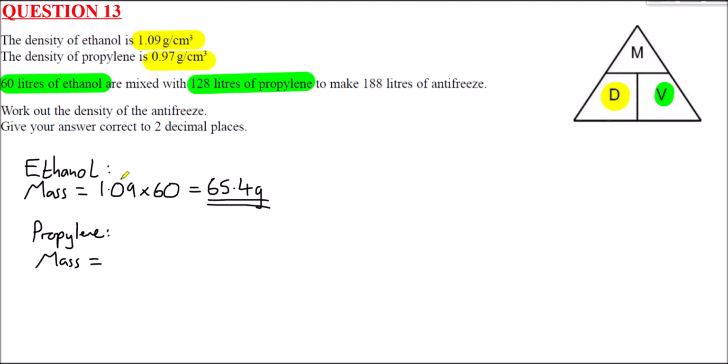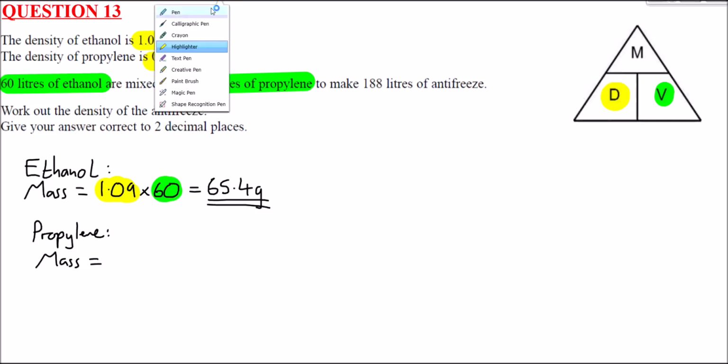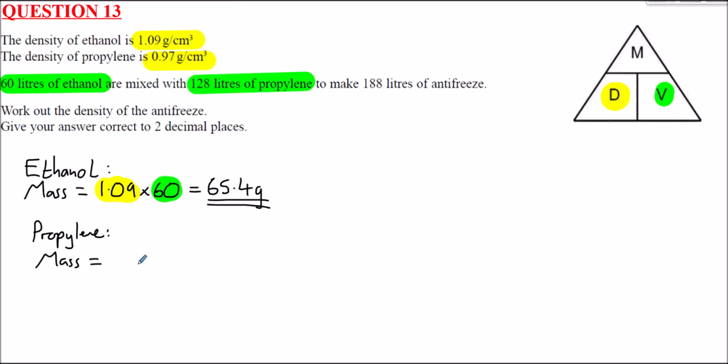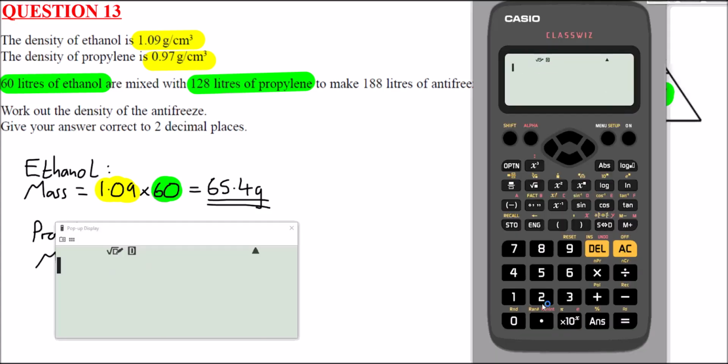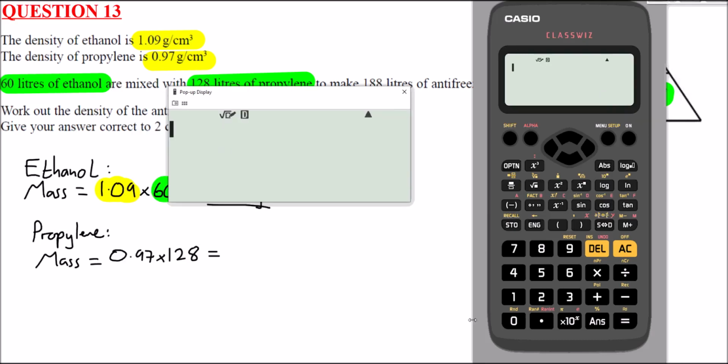So just like we multiply the density of the ethanol by the volume of ethanol to work out the mass of ethanol, we can multiply the density of the propylene, 0.97, by the volume of propylene to work out the mass of propylene in the mixture. So 0.97 multiplied by 128, that's going to give us 124.16.